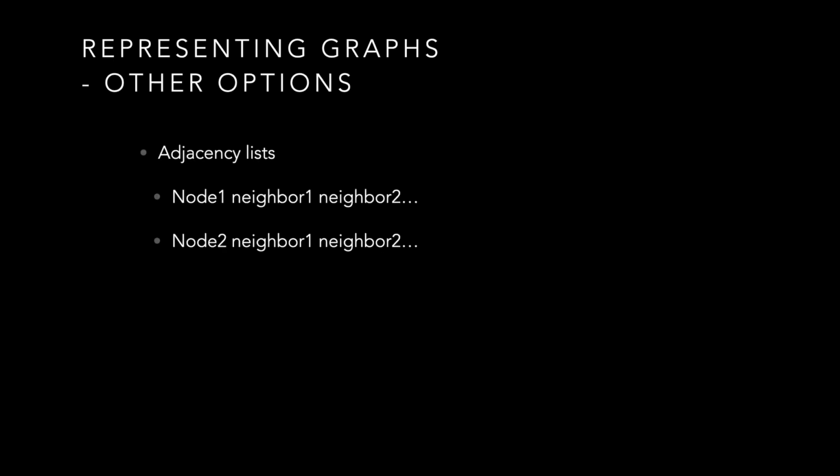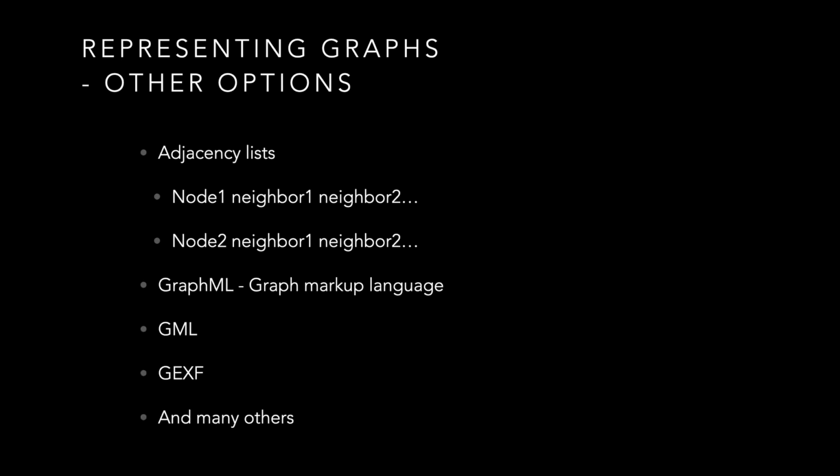There are certainly other options for representing graphs. There are adjacency lists, which are similar to an edge list, but we start off with the node and all the neighbors of that node, which lets us deal with cases where we have singletons. There are specific markup languages for representing graphs, like GraphML or GML or GEXF, and there are a number of others as well.